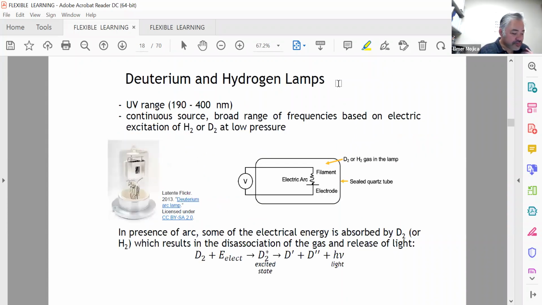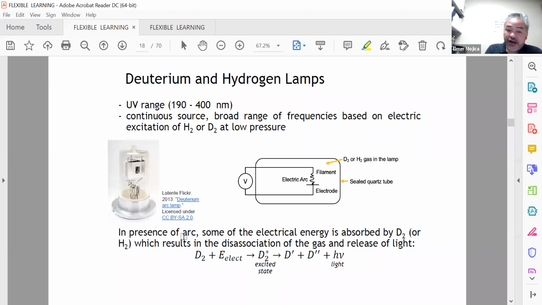Now, further discussion of the so-called deuterium and hydrogen lamp. This is the one that provides the UV region. It is a continuous source, with a broad range of frequencies. The energy is based on the electric excitation of hydrogen or deuterium at low pressure. Deuterium is just an isotope of hydrogen.